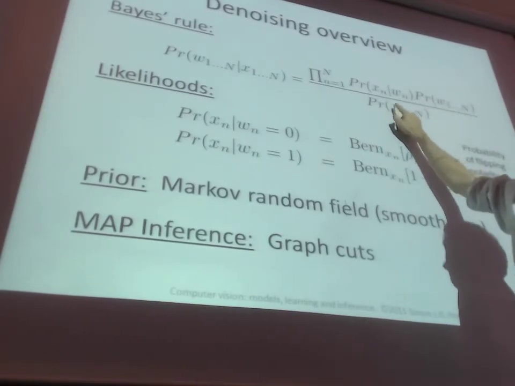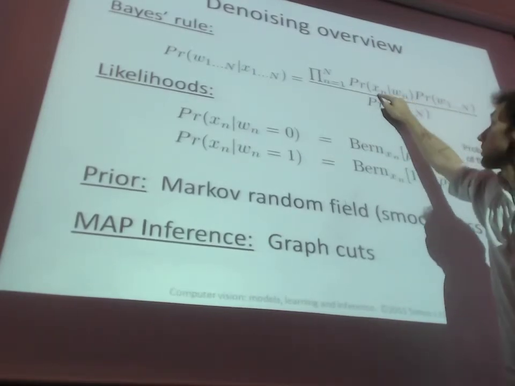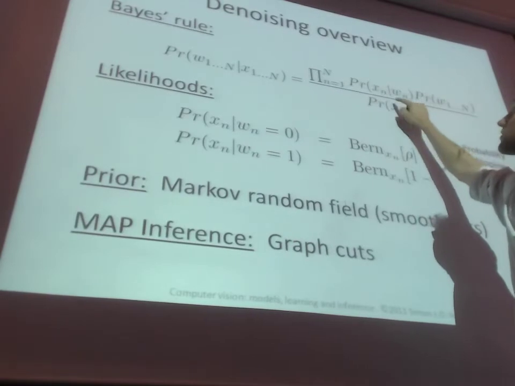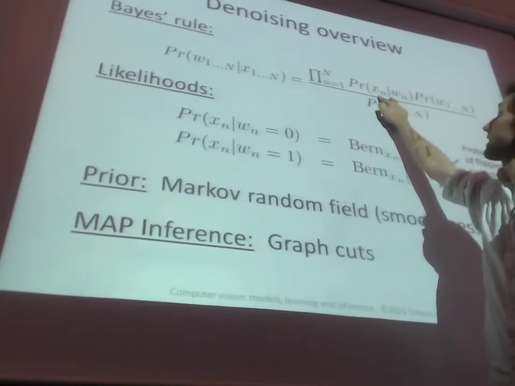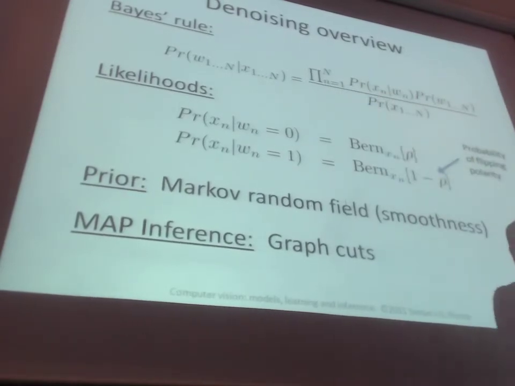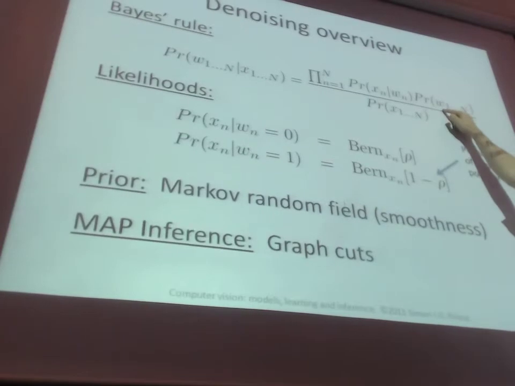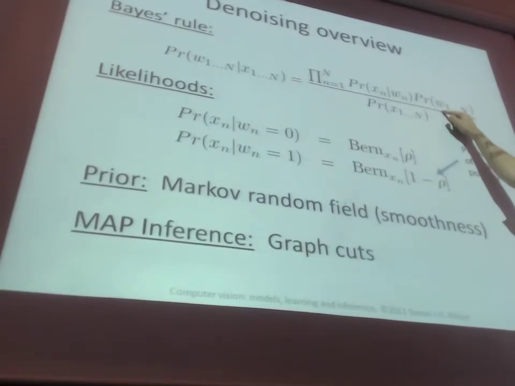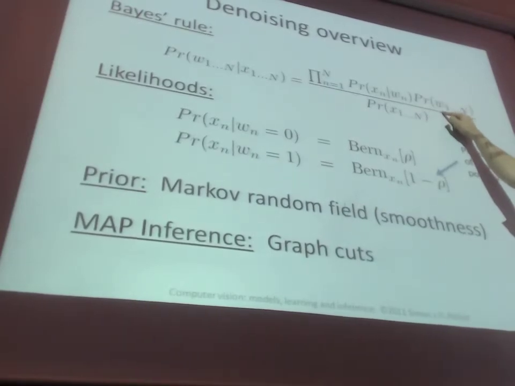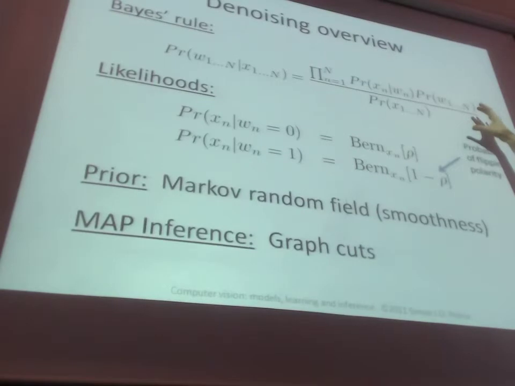We may or may not talk about this partition function. But we're going to do this because this probability of x given w is where we're going to be able to model our noise. And this prior probability over what w's we expect to see is our way of imposing the smoothness prior.